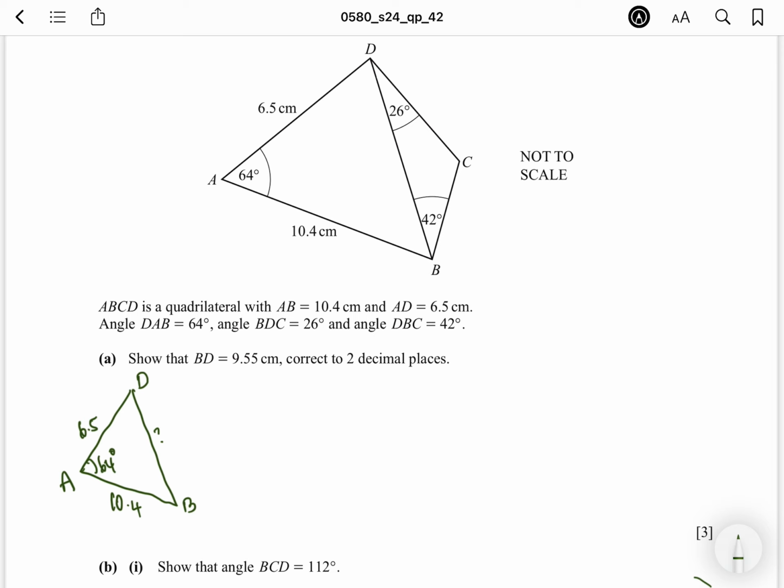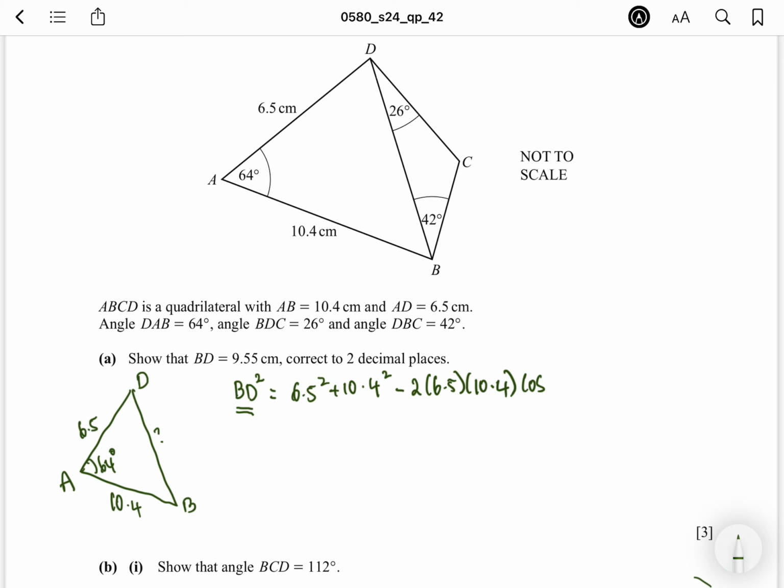So cosine rule. For those who are already familiar, look first. The side being found squared equals the square of the other 2 sides, added, minus double the product of the other 2 sides, times the cosine of the angle opposite the side being found.